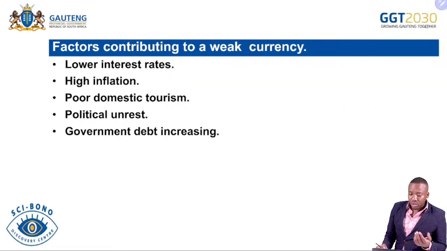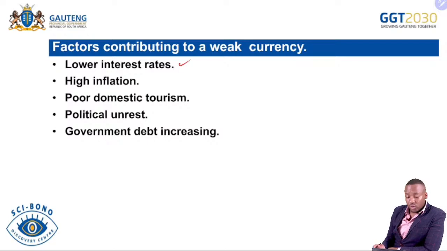So what are the causes, what are the things, what are the contributing factors that are making a currency to be weak? Remember, why do you borrow people money? So that you can make what? Profit. So if our interest rates are very low, then it means our currency is going to be weak.